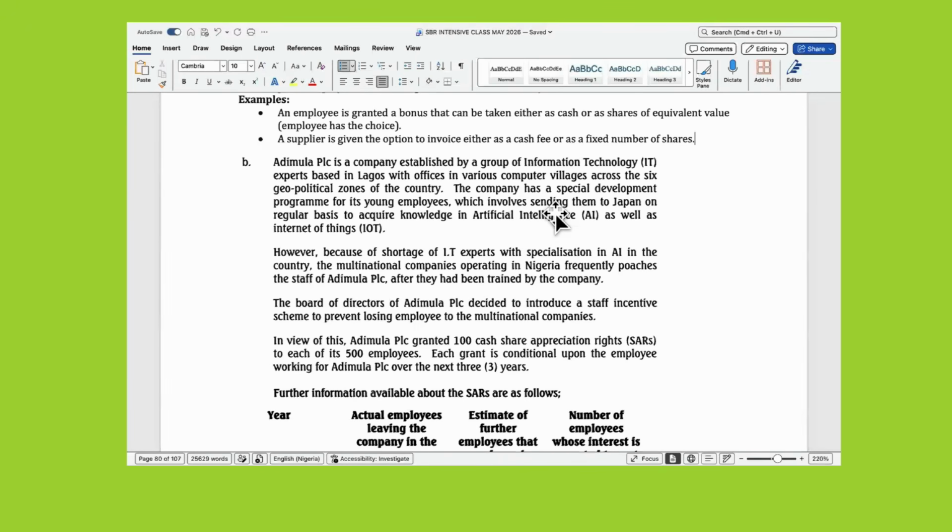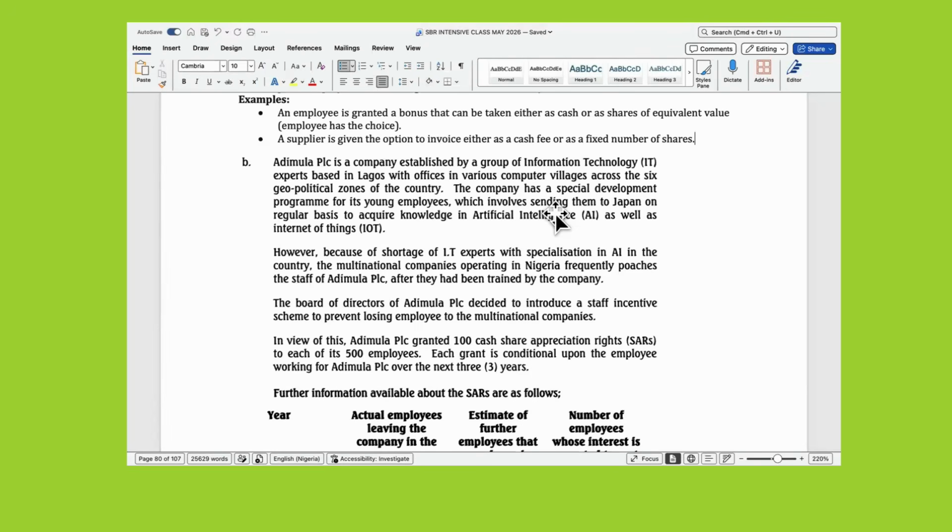The board of directors of Adimola PLC decided to introduce a staff incentive scheme to prevent losing employees to the multinational companies. In view of this, Adimola PLC granted 100 cash share appreciation rights to each of its 500 employees.